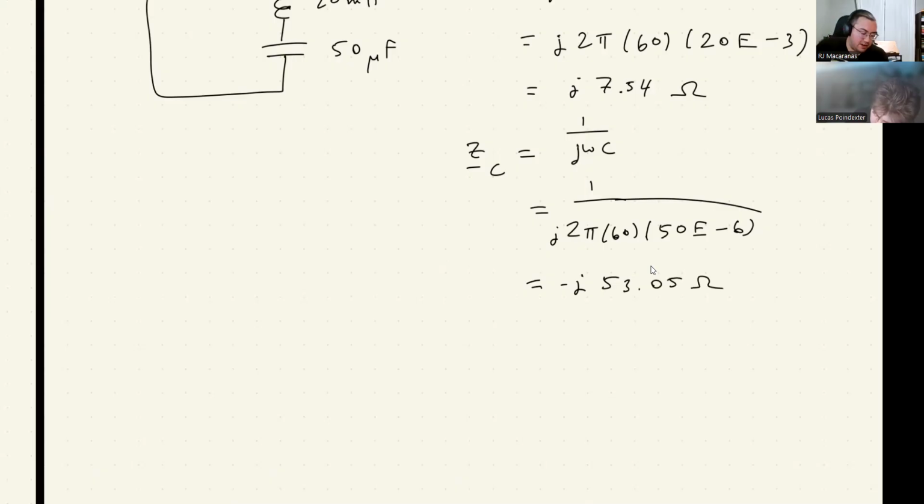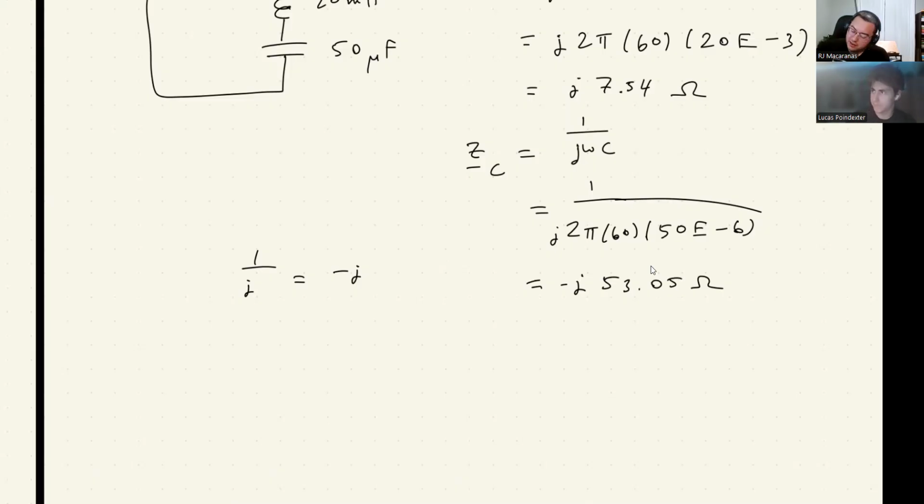If you stop right there, you might be wondering where that negative comes from. That comes from the idea that 1 over j is actually equal to minus j. It's a little nuance that comes up quite a bit, and going back to Euler's relation, you can figure out how that works out. So impedance is always in ohms.